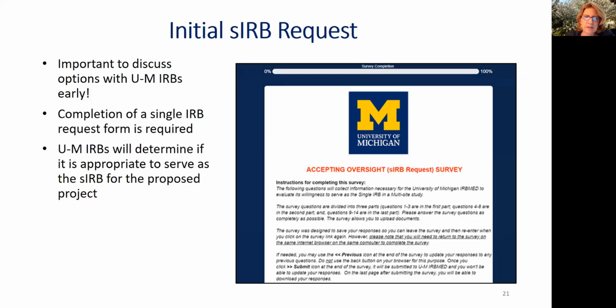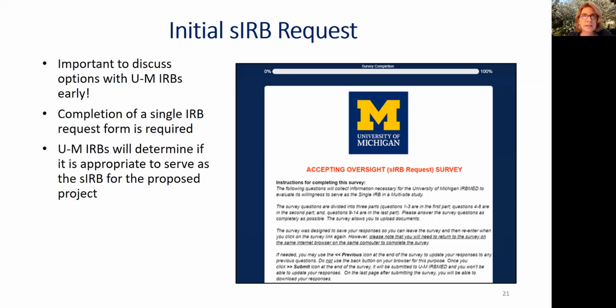We will require the completion of a single IRB request form, so that we can collect information about the nature of the study, because remember, we're finding this out at the grant application time, so details can be fairly sketchy, particularly if it's a new idea and a new grant and we have no experience with a previous related IRB application.